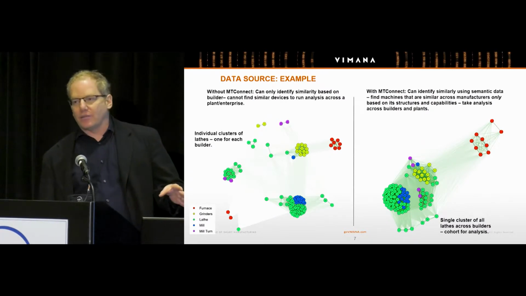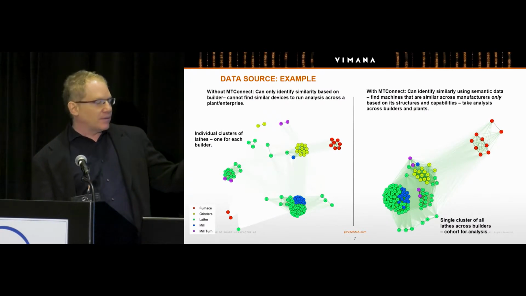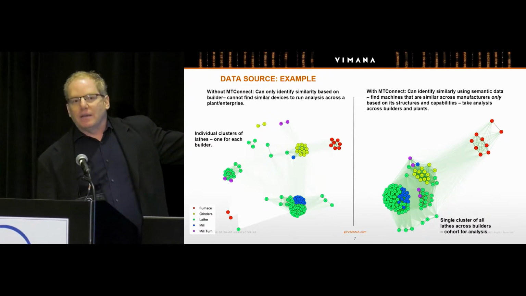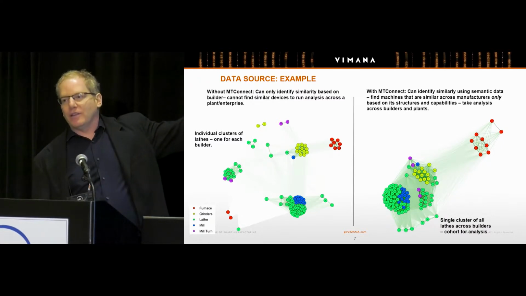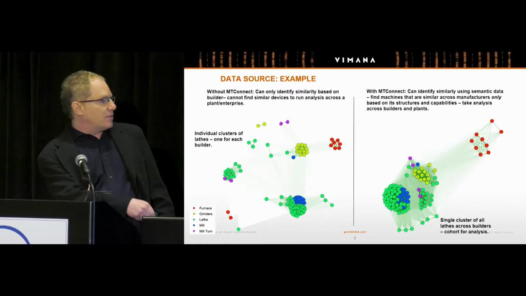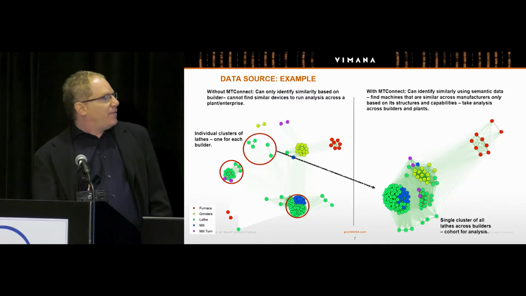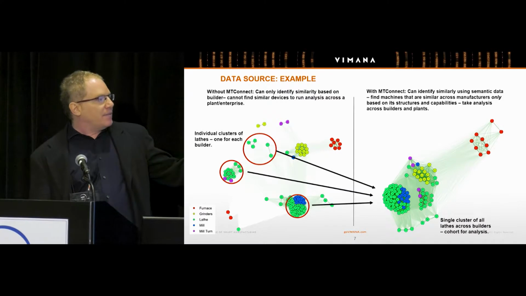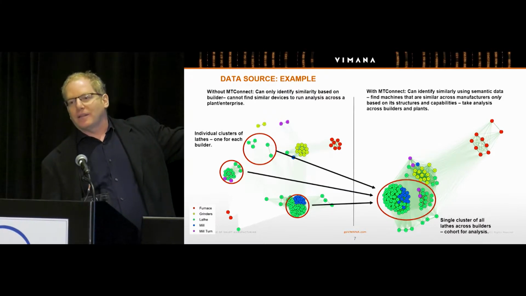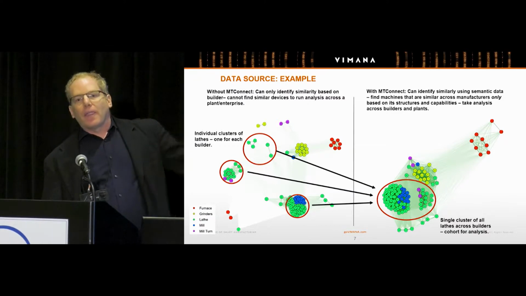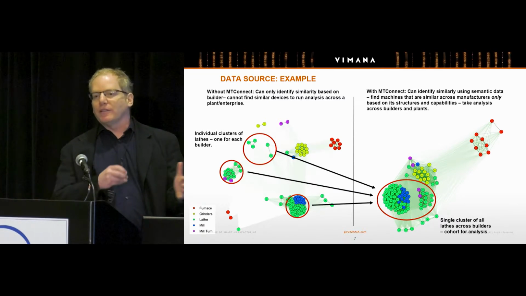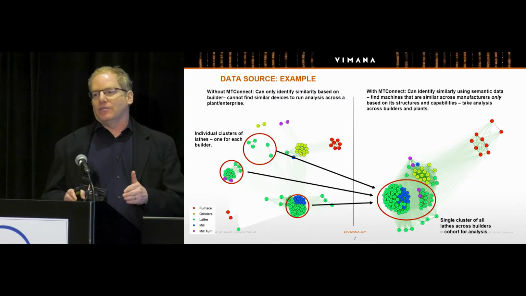We consider this a data source. This is actually taken from one of the many data sources that we get. Basically, what we've done is a clustering based on the native information that we're getting from the machine. These are all similar machines: lathes, mills, mill turns, and such. What we found is that the native machines tend to have their own special way of classifying and naming everything. What you need to do is normalize it, because when you want to start analyzing data, you want to be able to compare like things to each other.